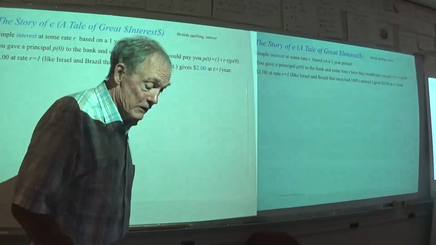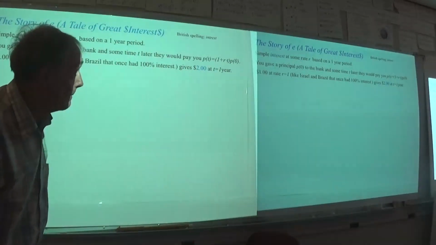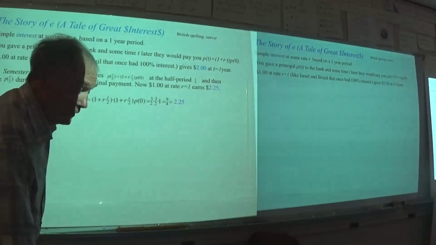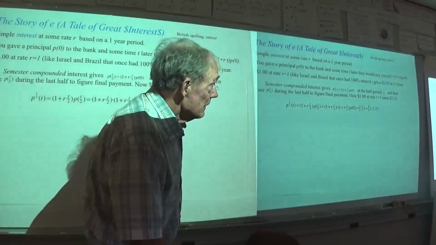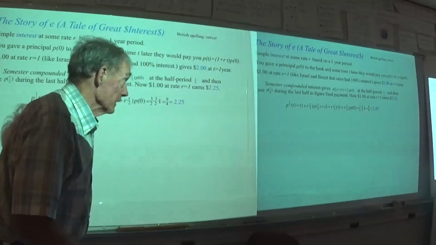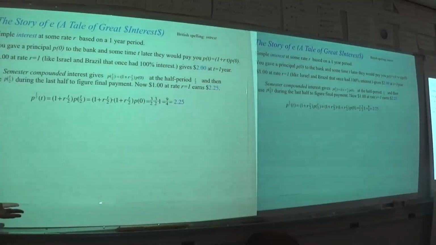But the improvement on banking that has occurred, that's very much part of our culture right now, is the idea of compounding. And I can remember when semester compounding was sort of a big deal.